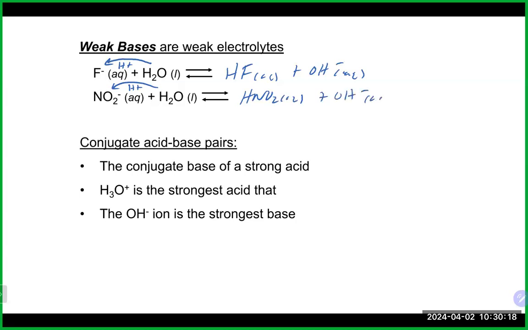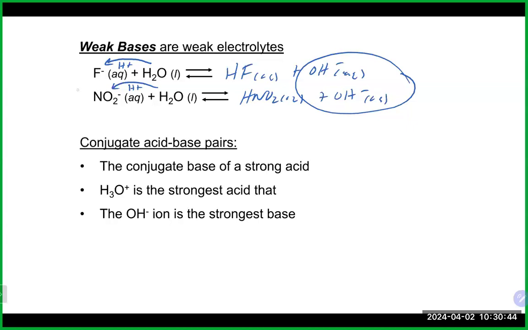So much like our weak acids, these are still able to produce some hydroxide in the solution, which means they're still considered bases, but again, nowhere near the amount of hydroxide would be produced in comparison to something like sodium hydroxide, which is just going to fall apart and produce a lot of free OH- in that solution. Here they've got to go find some water, do a little bit of a reaction.